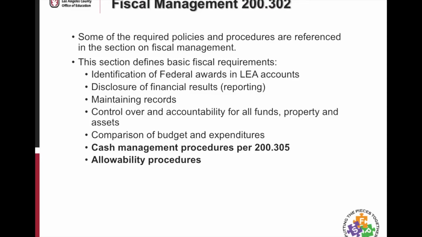That section defines some basic fiscal requirements like identification of awards in your accounts, disclosure of your financial information, like how you have to report, what records you need to maintain, control over and accountability for property, and then comparison of budgets and expenditures. And then the last two fall into the procedures area under fiscal management. So in this area, you have cash management procedures and allowability procedures.